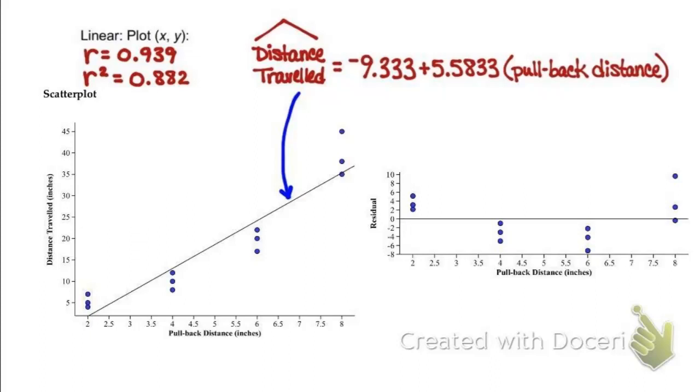And here was the equation of the least squares regression line. Go ahead and copy all of this down into that space where you have the linear model. What do you notice as you're copying this down about the residual plot?